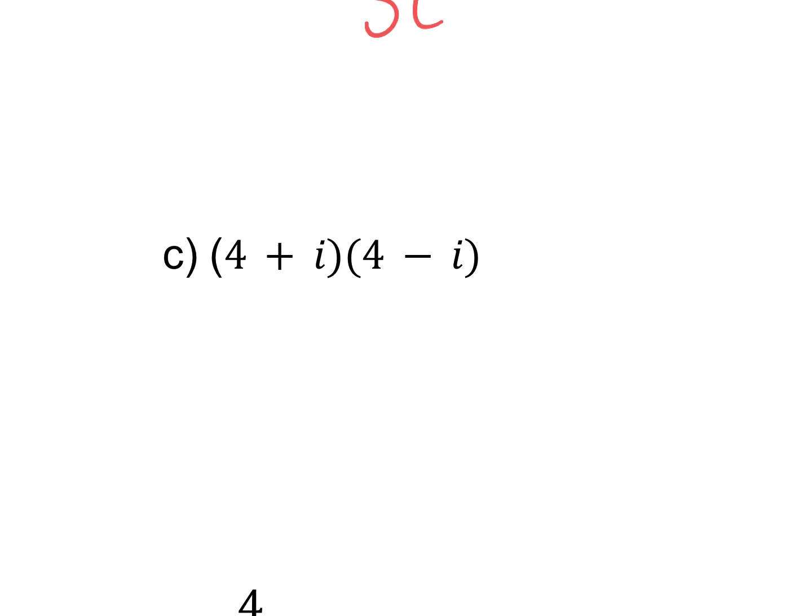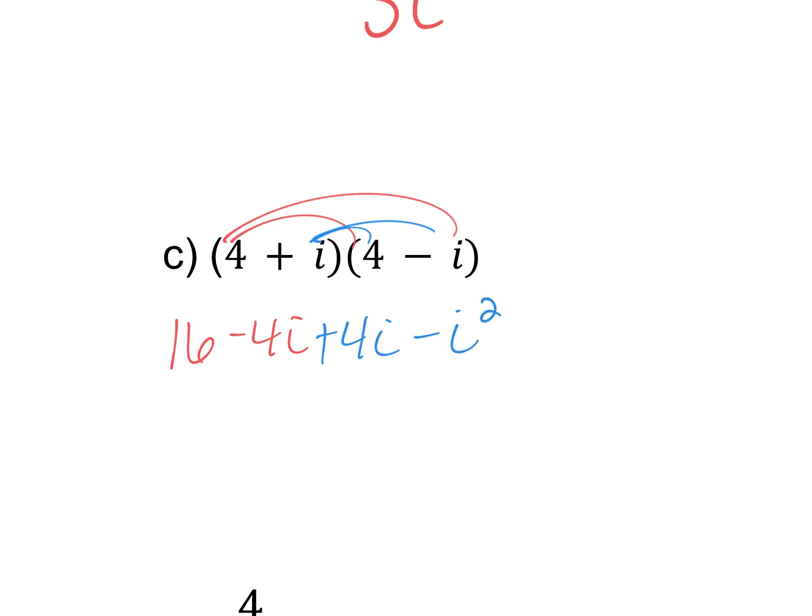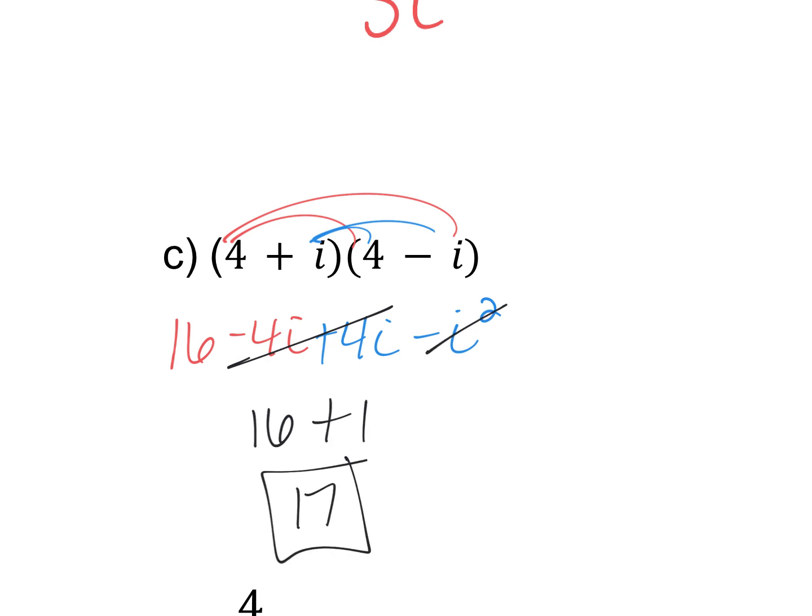Okay, let's distribute. Since these are being multiplied, you have to distribute and FOIL it out. So 16 minus 4i plus 4i minus i squared. In the middle, they cancel out. So we have 16 minus i squared. i squared is -1, so minus -1 becomes plus 1, which makes this 17.